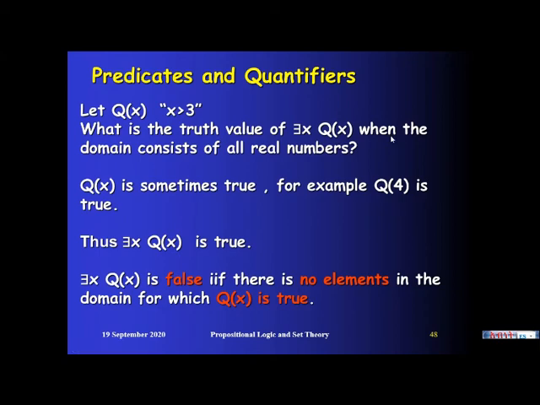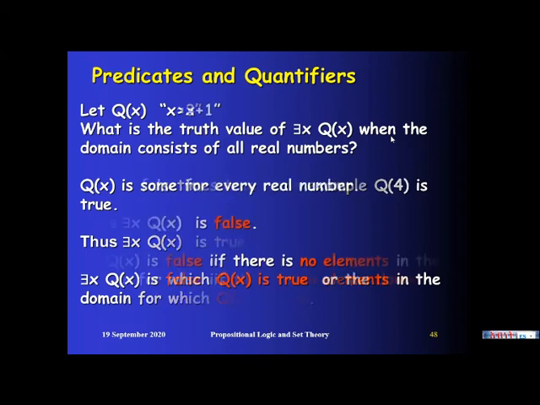If you get one number to be true, then automatically that statement will be true. For example, let us take 4 from the real numbers: 4 is greater than 3. Enough. So when using the existential quantifier, you get a false value only if there is no element in the domain for which q of x is true.